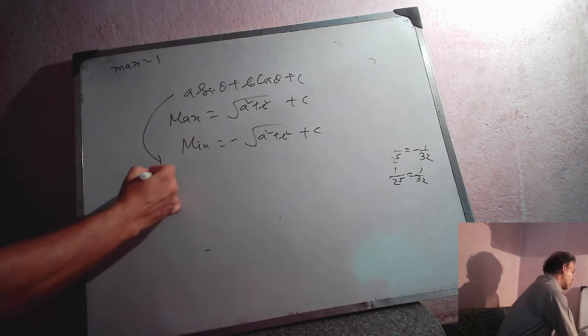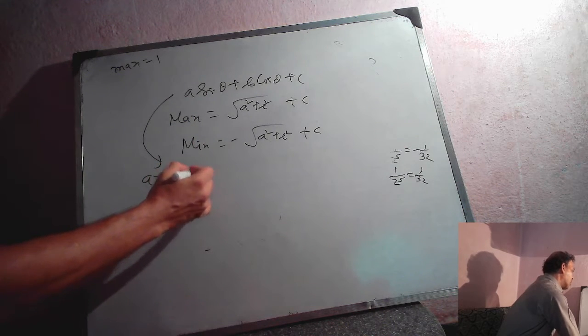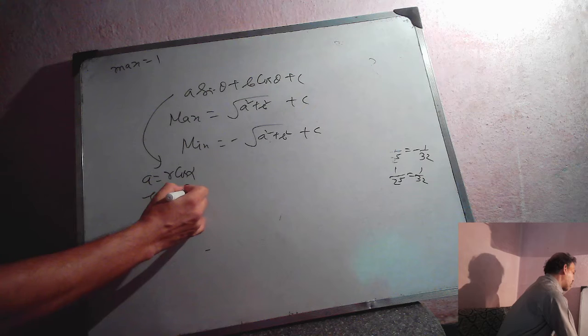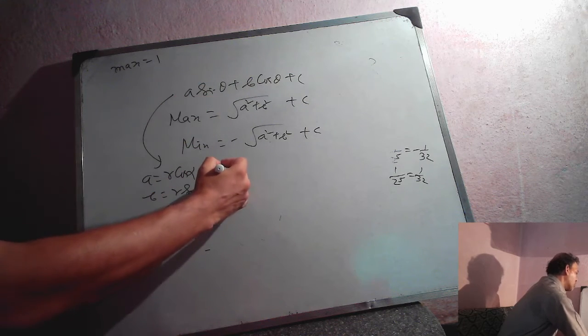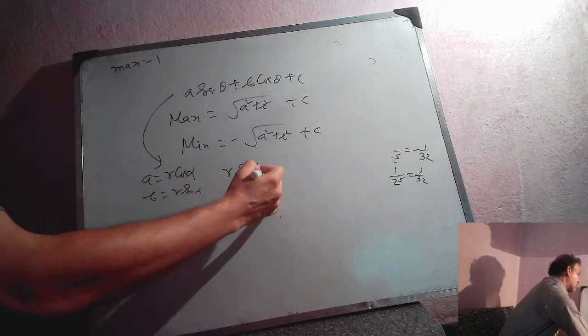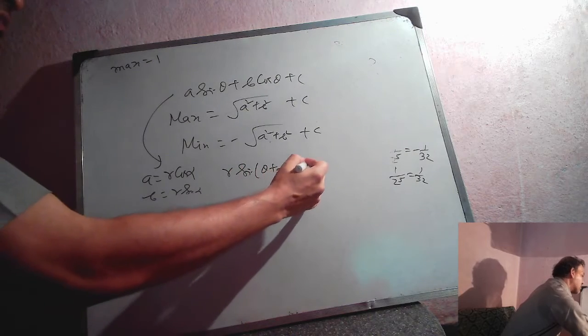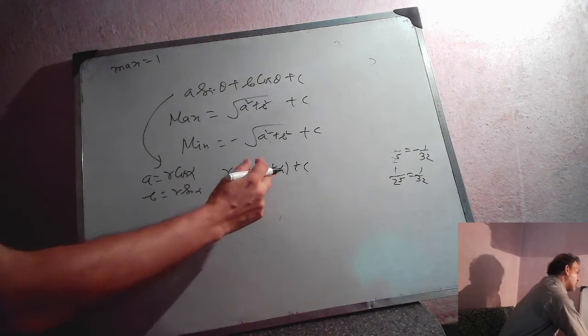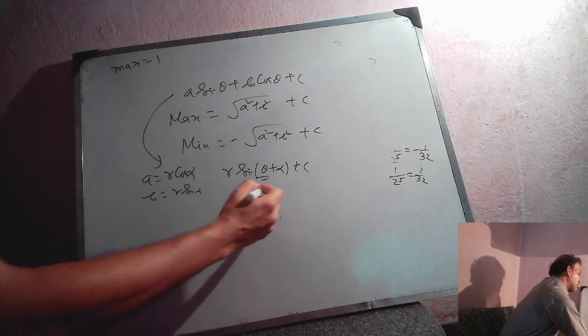Let a equal r cos α, b equal r sin α. Then this reduces to r sin(θ + α) plus c. The maximum value of sin is 1, so the maximum value is c plus r.